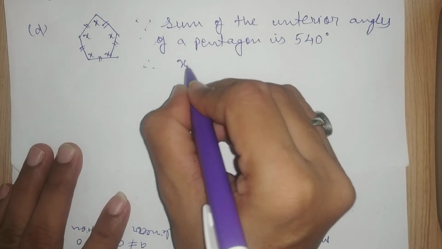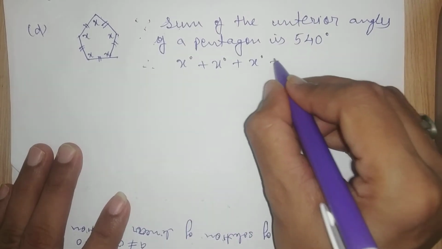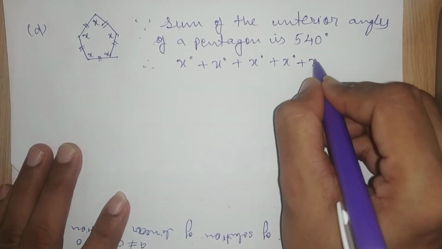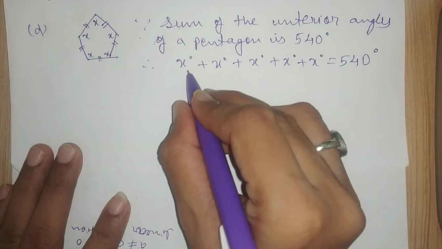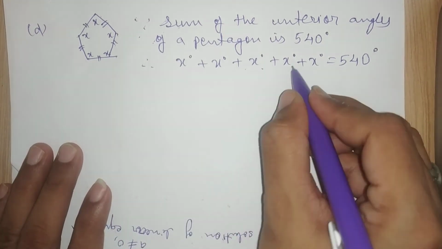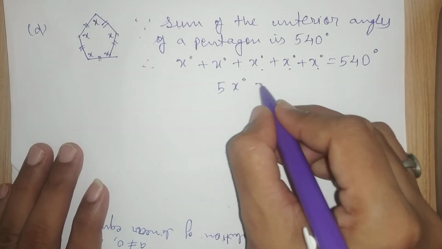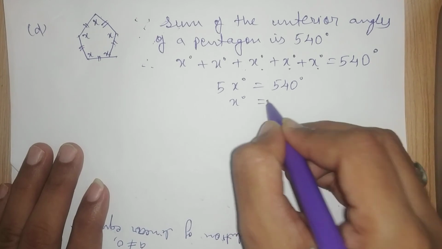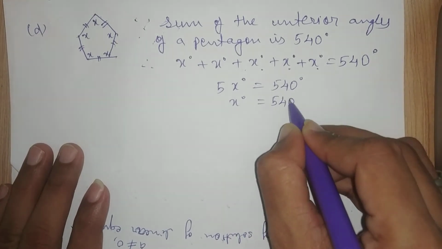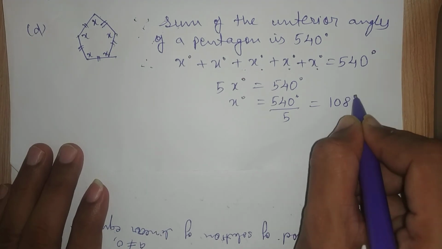Therefore x degree plus x degree plus x degree plus x degree plus x degree is equal to 540 degree. So x plus x plus x plus x plus x is equal to 5x degree is equal to 540 degree. So x degree is equal to 540 upon 5 is equal to 108 degree.